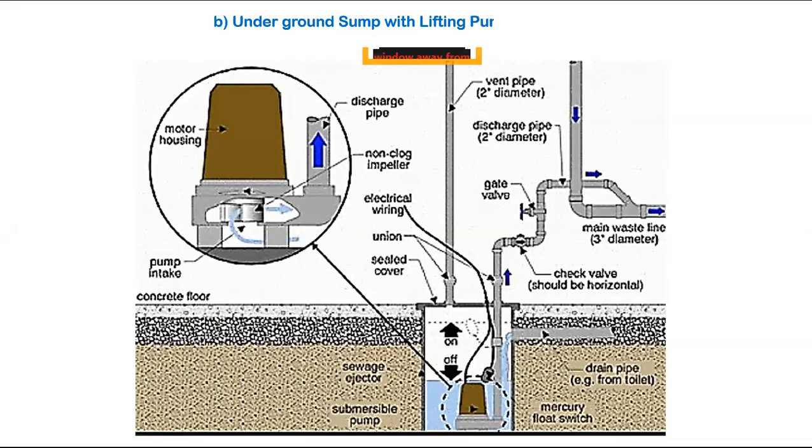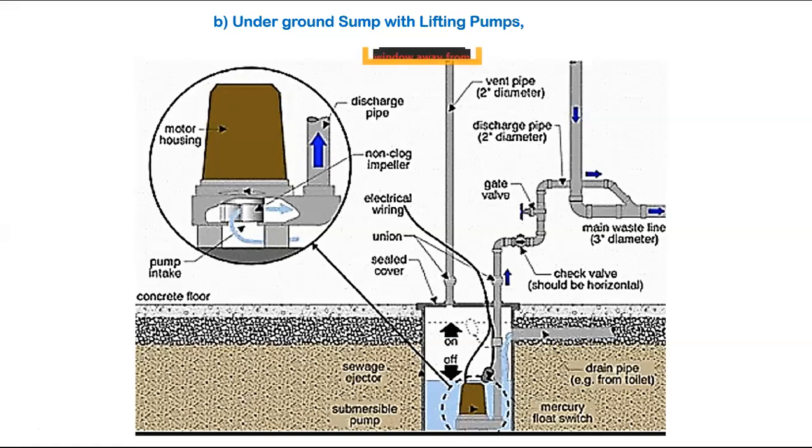You have to put in one underground drain pit and a submersible pump. Why a submersible pump? If you use an above ground pump, priming is also needed for this contaminated water. So that's why always in this, a foot valve will not work.